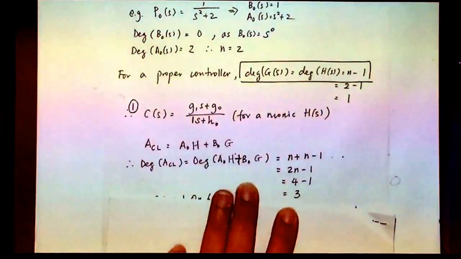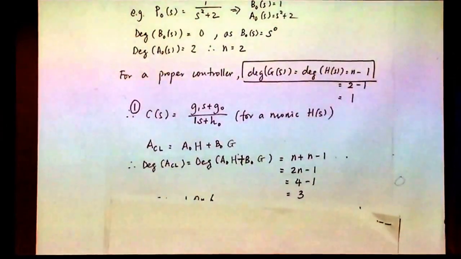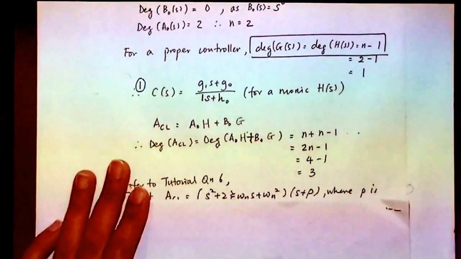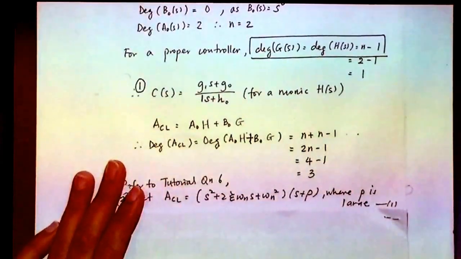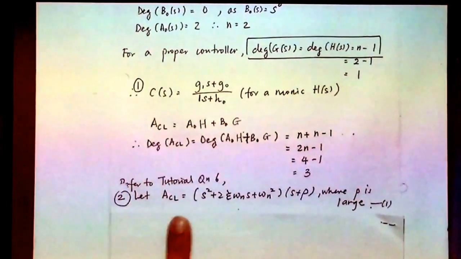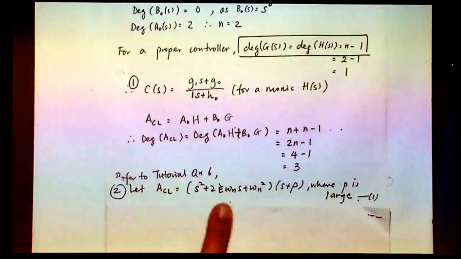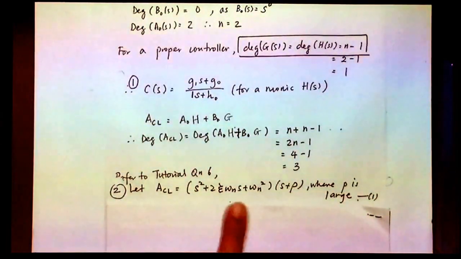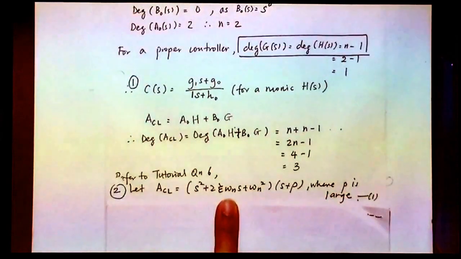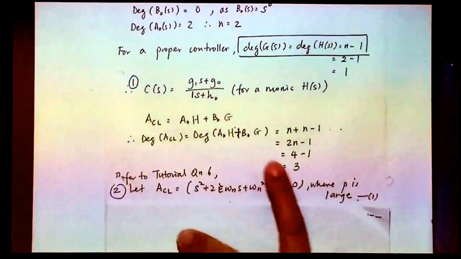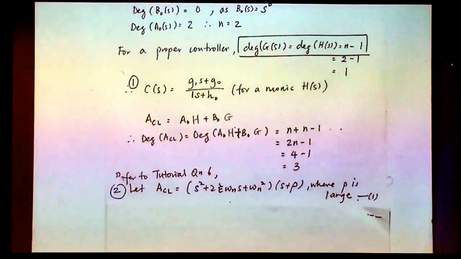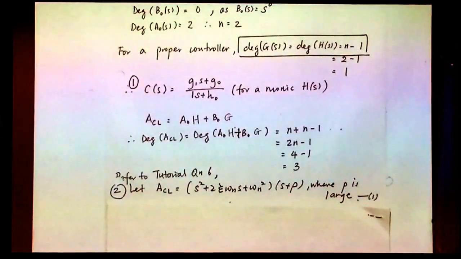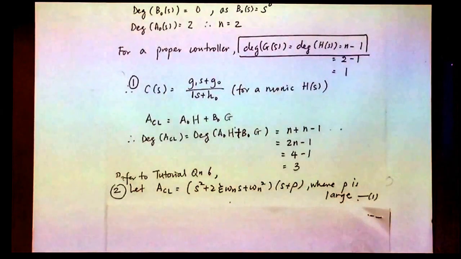If ACL has a degree of 3, then you can form ACL, which is s squared plus 2 zeta omega n s plus omega n squared for the second order dominant poles. But your degree of ACL is 3, so you need one more pole. You select a pole far, far away, where p is large.